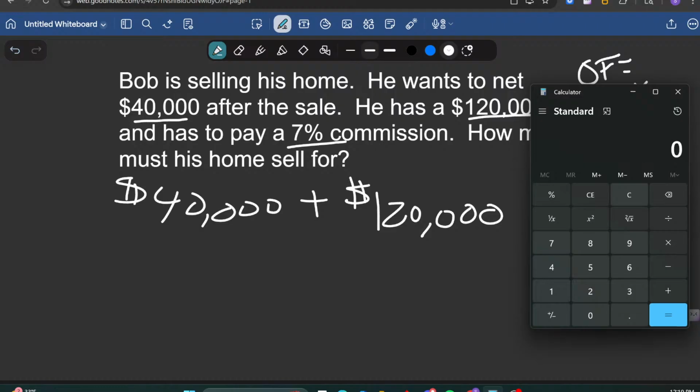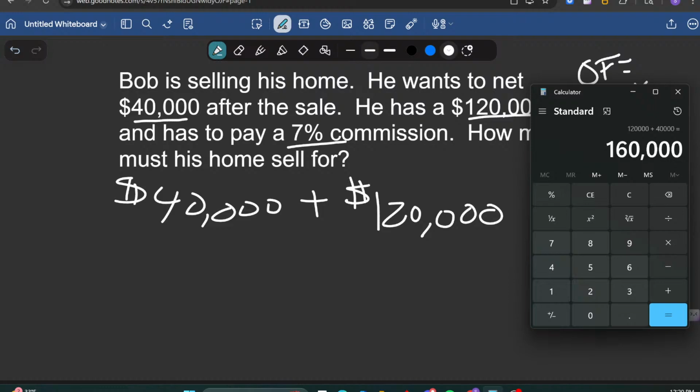So let's punch that into our calculator again, because the temptation is there. That's why I always tell my students as I'm going through these questions, the temptation is always there to think, hey, I could do 120,000 plus 40,000 in my head. I want to break you of that.